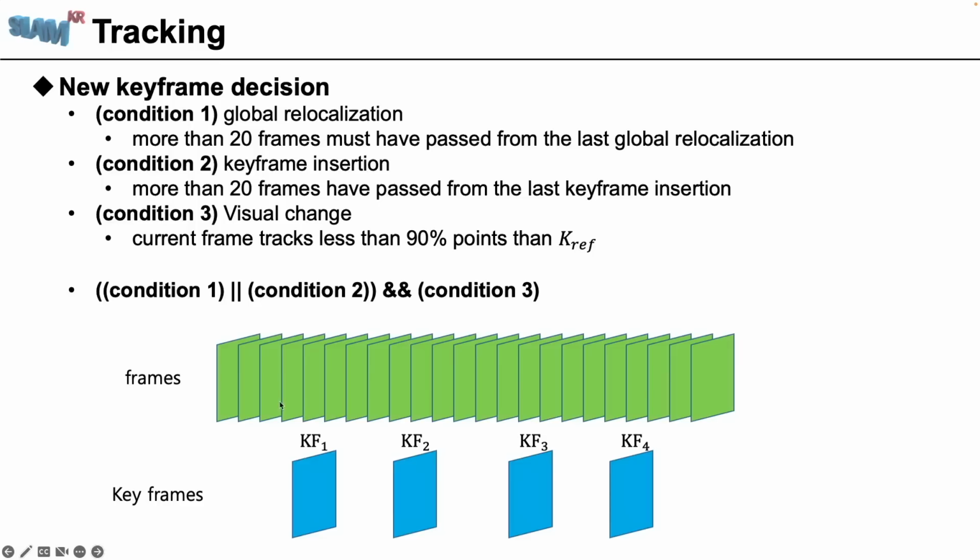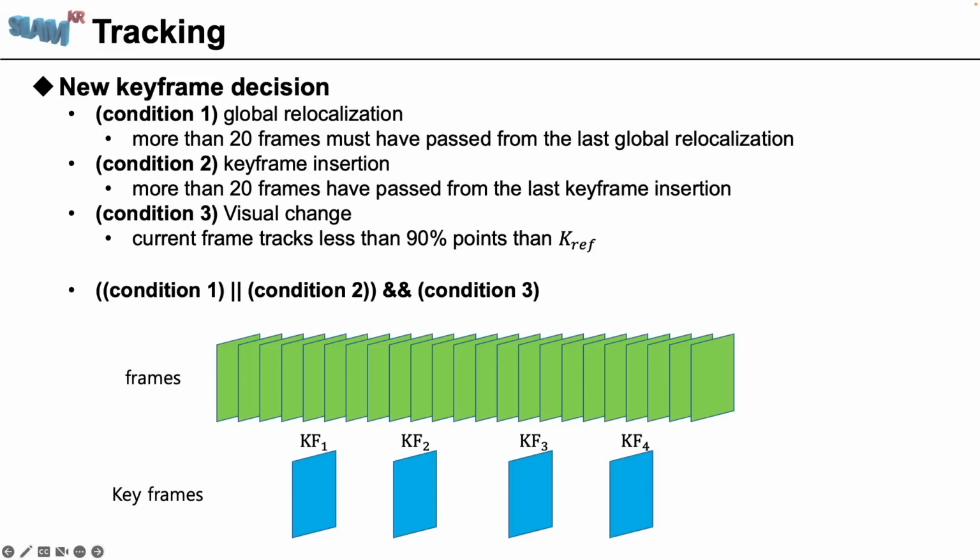And the last module of the tracking part: the new keyframe would be decided by specific conditions. Condition number 1: more than 20 frames must have passed since the last global relocalization. Condition number 2: more than 20 frames have passed since the last keyframe insertion. Then we decide the current frame is a keyframe.